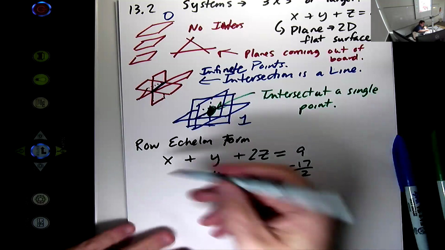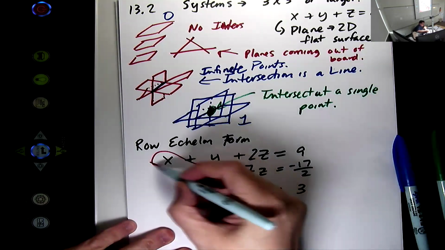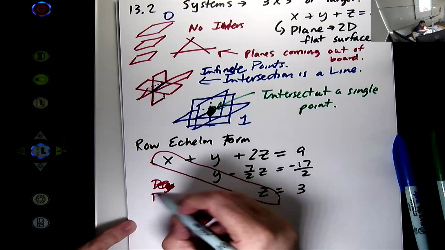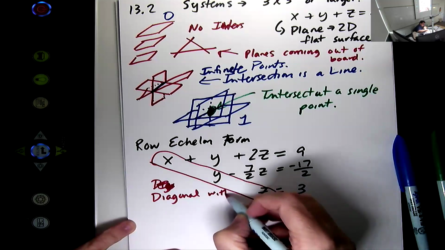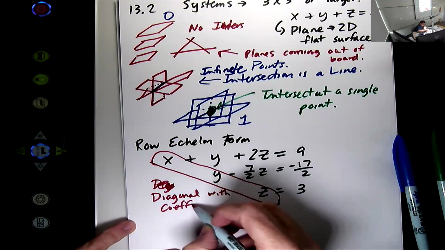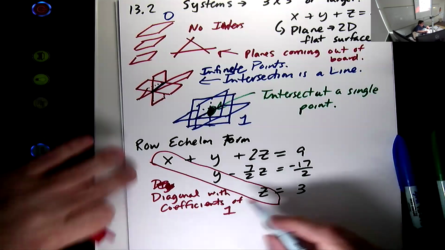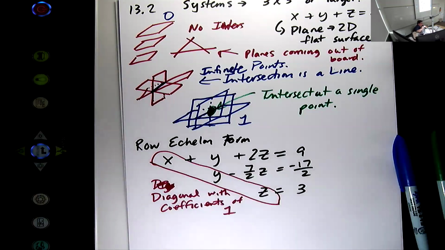The row here is kind of like the diagonal, a diagonal with coefficients of 1, and nothing before it. Over here is dead space.